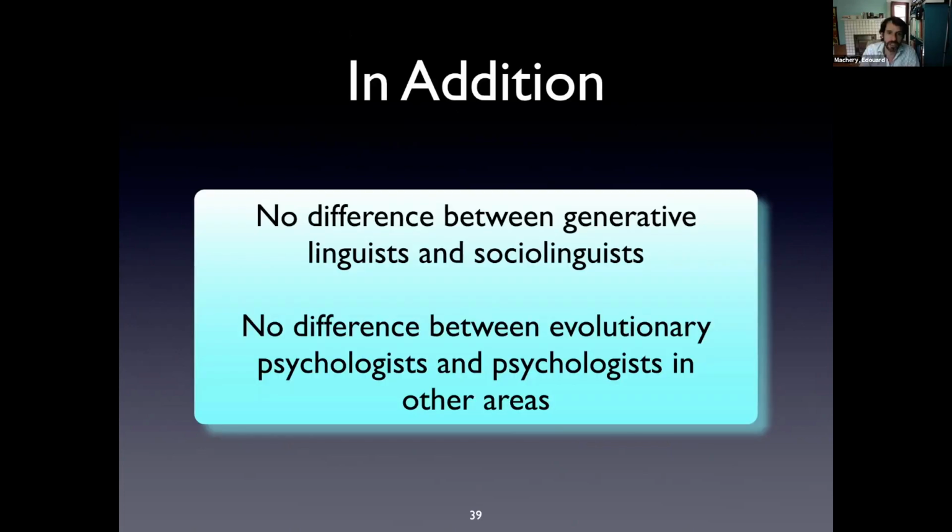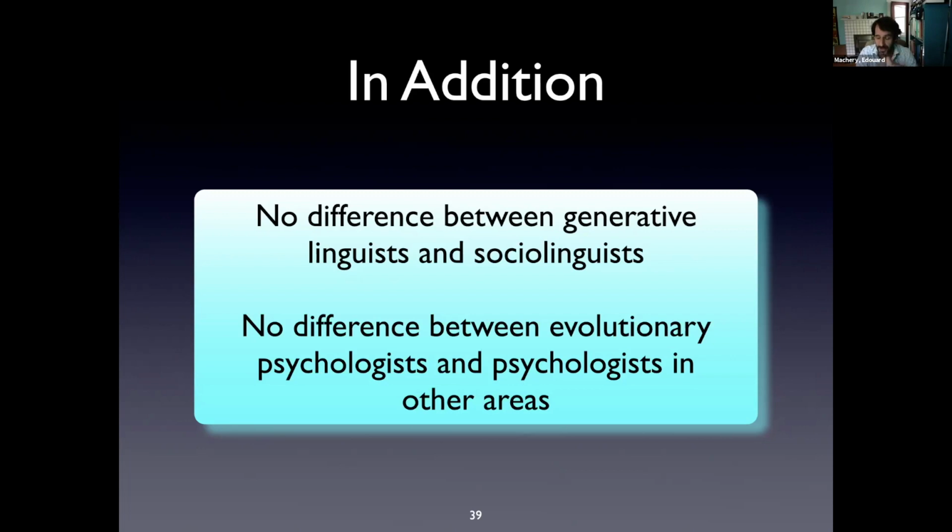In addition, we failed to find a difference between people who are Chomskyans and people who are not. So having been influenced by Chomsky has little impact on the way you think about innateness. Nor do we find any difference between people who are evolutionary psychologists, for whom the concept of innateness is central, and people who are just not evolutionary psychologists. So again, your training makes no difference to the way you think about innateness. It's just not important.